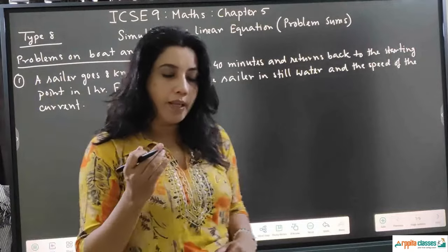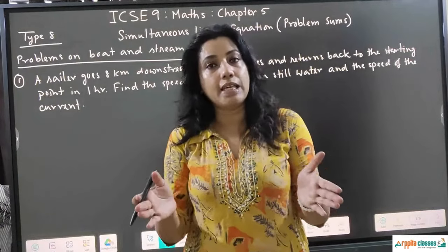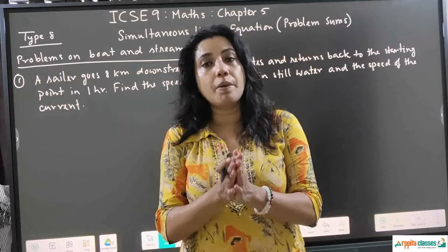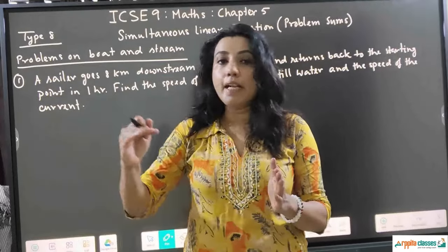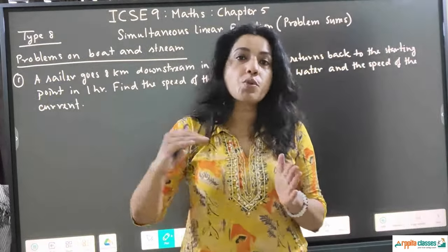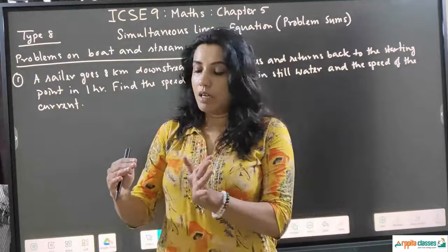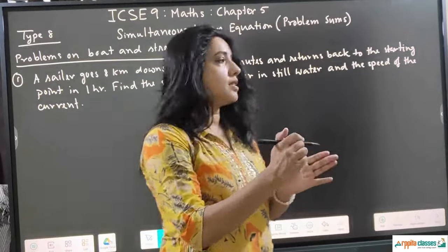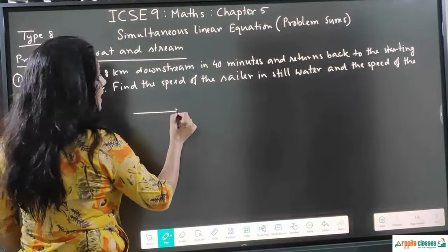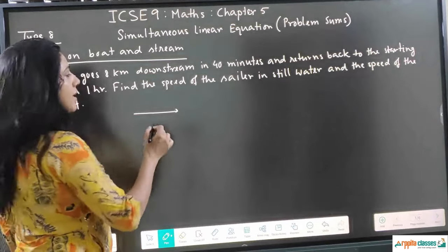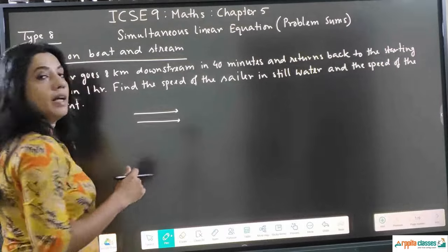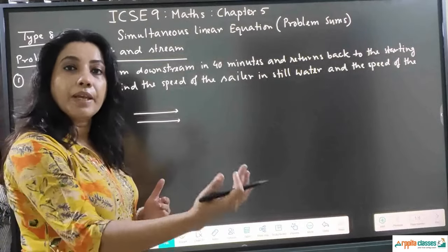Understand that when the water is still, that is the speed of the boat. If the current is flowing and the boat is also going in the same direction, that is called downstream. If the boat is going in this direction and the stream, that is the current, is also flowing in this direction, then the speed of the boat will increase.